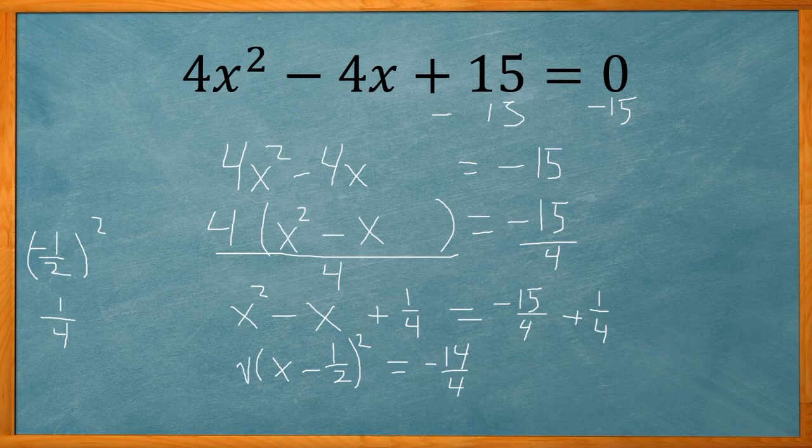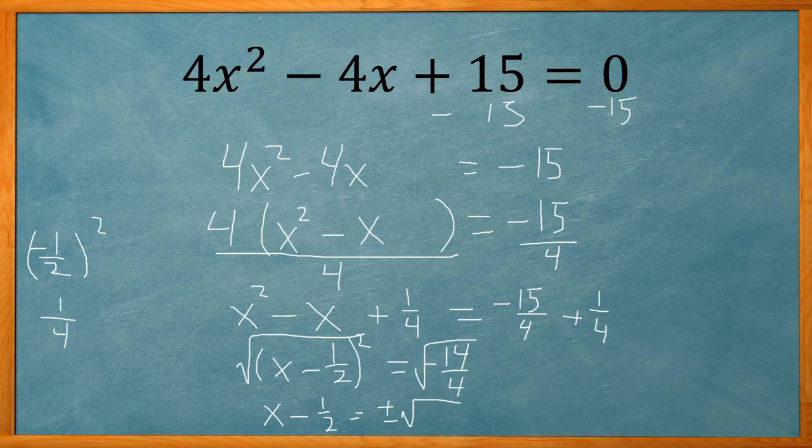And then from here, we take the square root of both sides. So I'm left with x minus 1/2 here, and then plus or minus the square root.